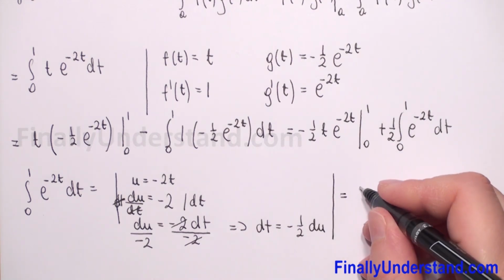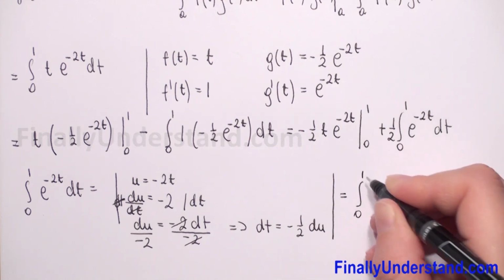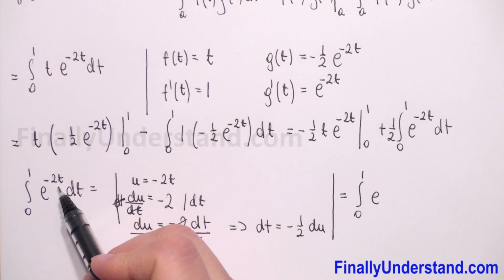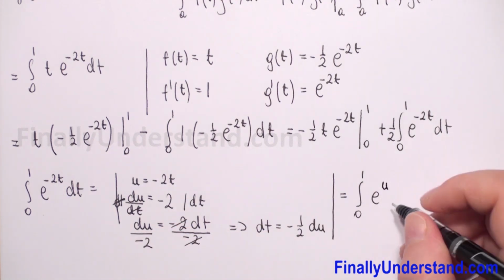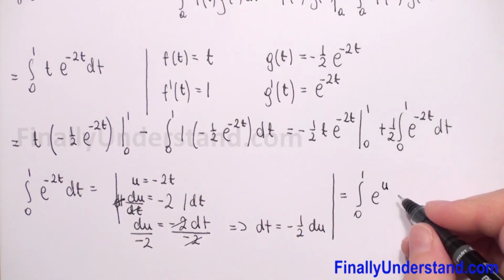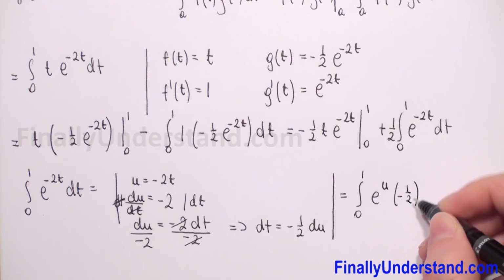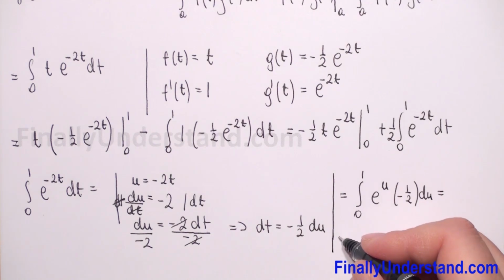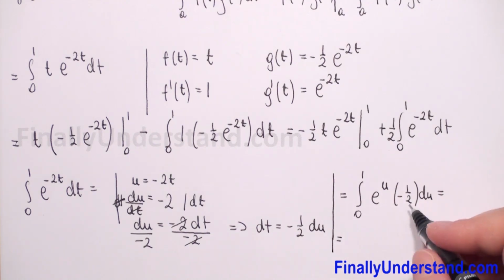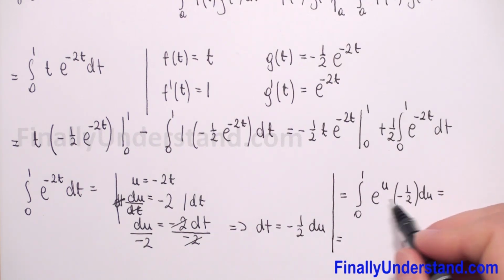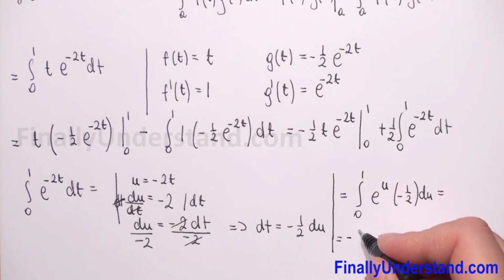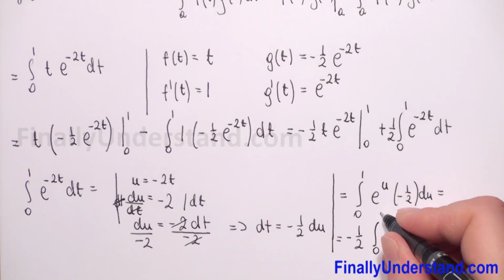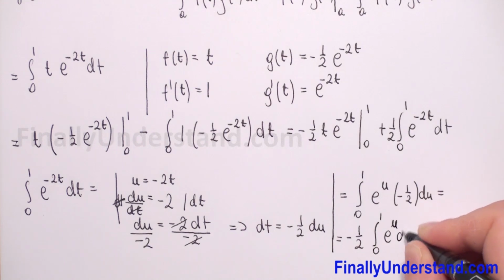So our integral will be equal, we have to copy the integral symbol from 0 to 1 e, and instead of negative 2t we have to put u, and for dt we have negative 1/2, we will put in parentheses, du. So this is equal. We have to put the constant before the integral symbol, so we have negative 1/2 times the integral from 0 to 1 of e to power u with respect to u.